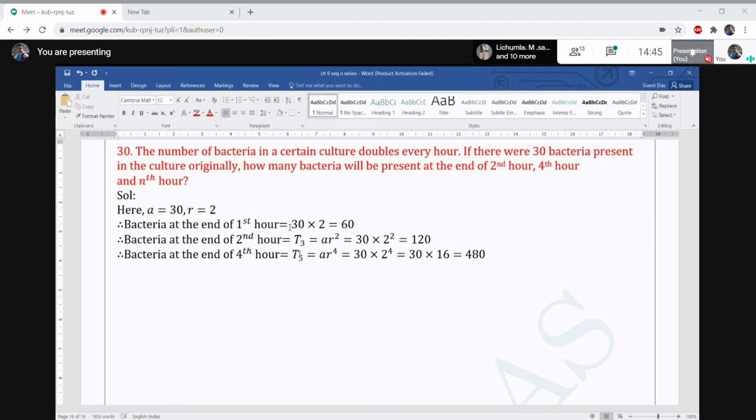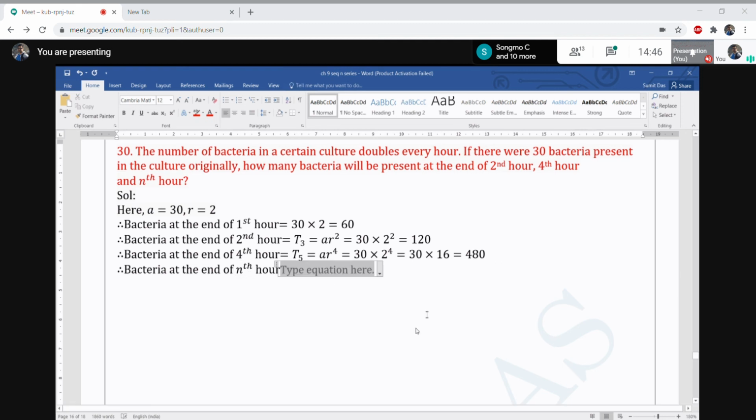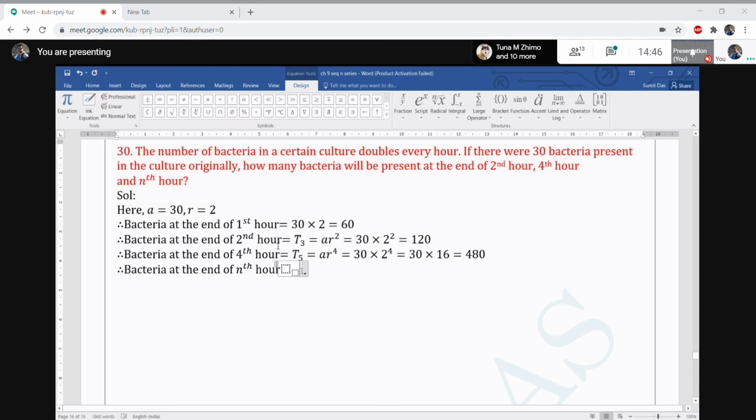Similarly, the bacteria at the end of the nth hour will be T n plus 1, which is equal to AR to the power n, which is equal to 30 into 2 to the power n.